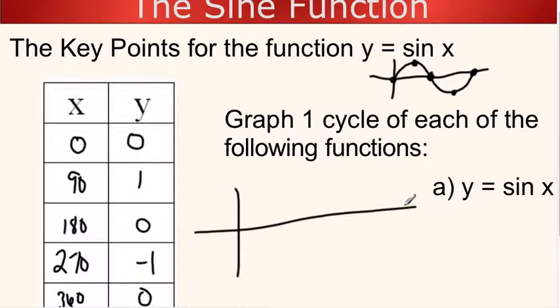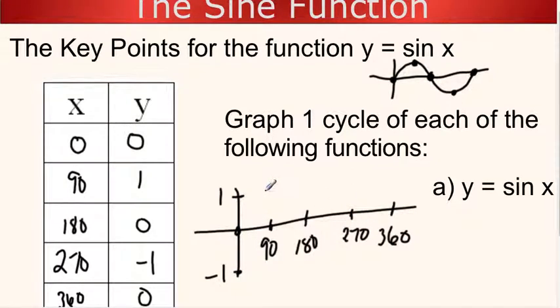Notice it's pretty easy to sketch those. If you have an axis, you got 1, you got -1. If you're going to go over, you could easily plot that, it's going to do 1 cycle after 360. Half of that is 180. In here is 90. In here is 270. And so it's going to start here and reach a maximum here, have an x-intercept here, reach a minimum there, come back there.